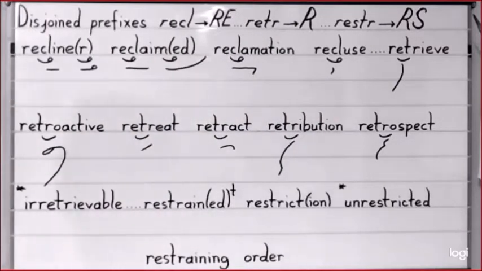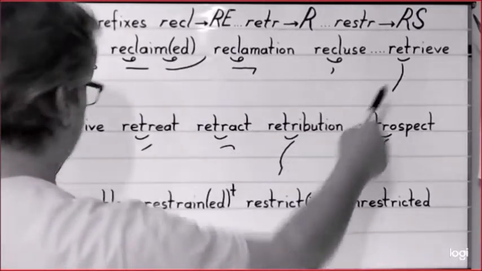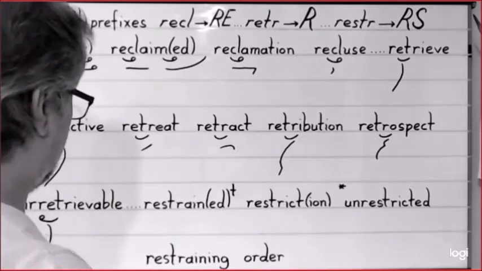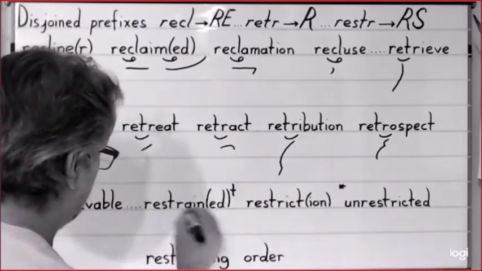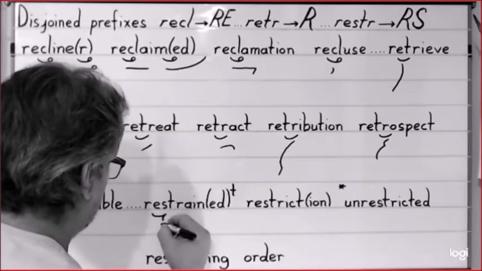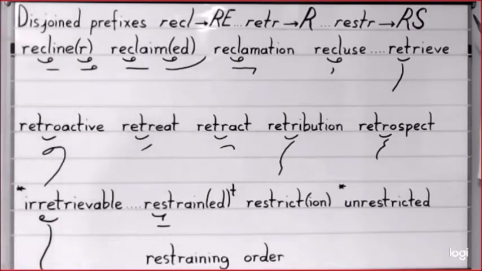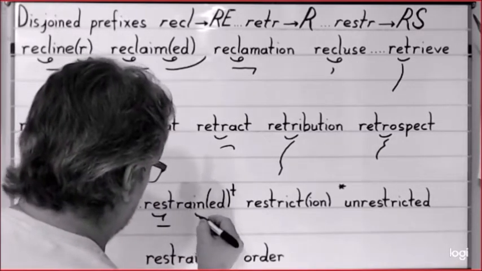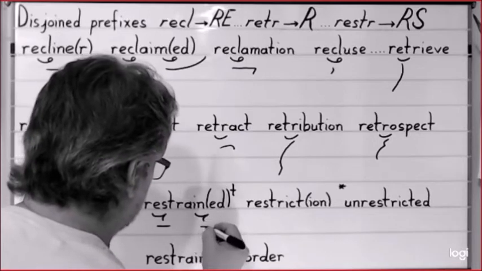And for the negating cousin of retrieve, we have irretrievable, which is going to be an E, R, then a V mixed in with the V. On to restr, for restrain first. It is an RS and then an N. For restraint or restrained, we'll write an R, S, and then an NT stroke.